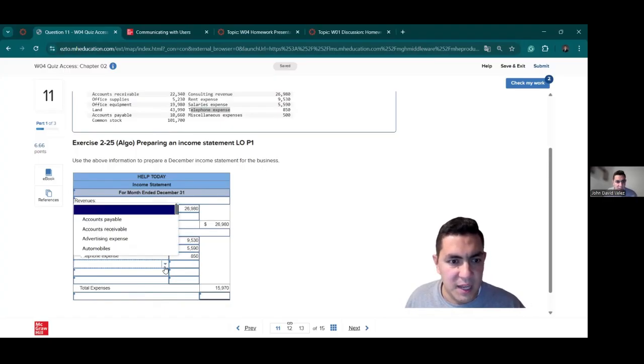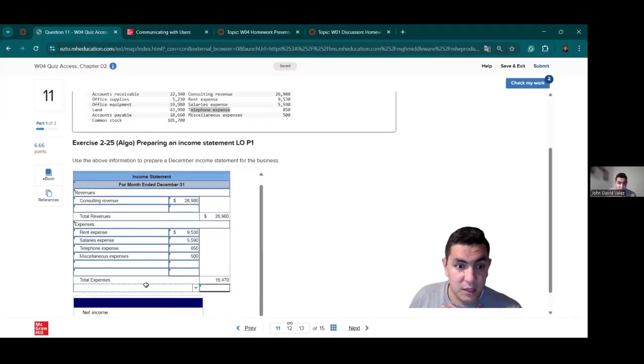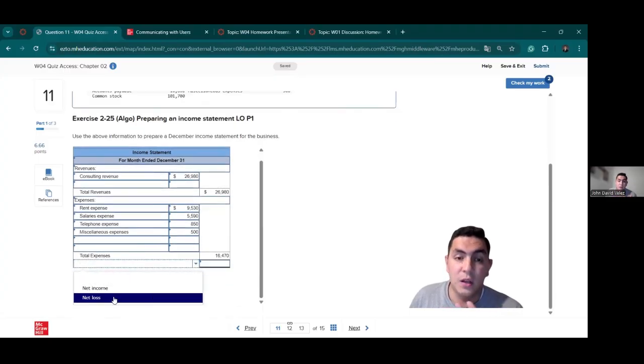Now we have miscellaneous expenses, and with miscellaneous expenses we have 500. So now we have total expenses of 16,470. So we need to calculate a net income or a net loss.